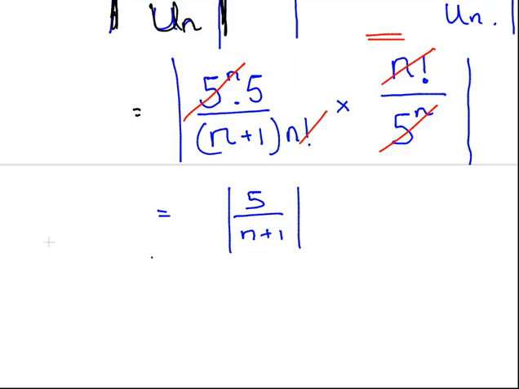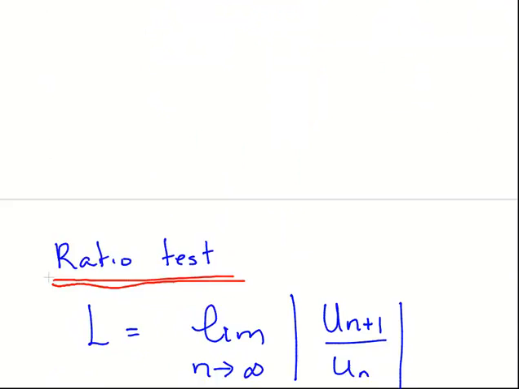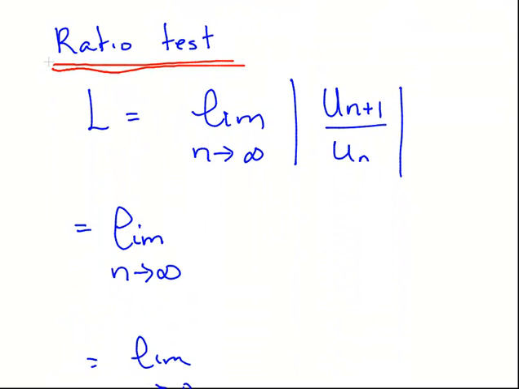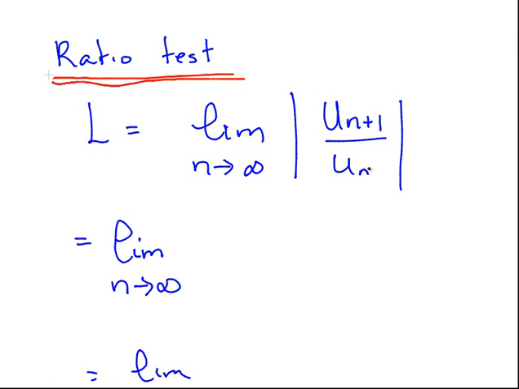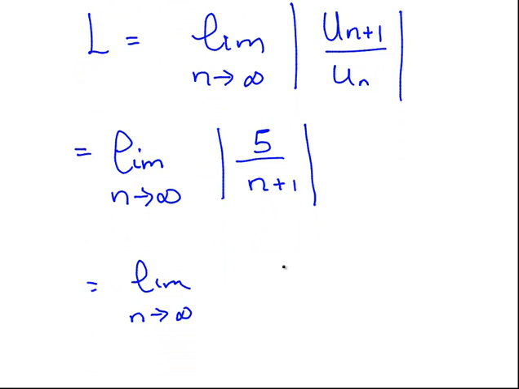The operation now, the ratio test, is to get the limit of the absolute value of u of n plus 1 divided by u of n, which is 5 over n plus 1. The highest power of n above and below, as n goes to infinity, is n, so we divide above and below by n.